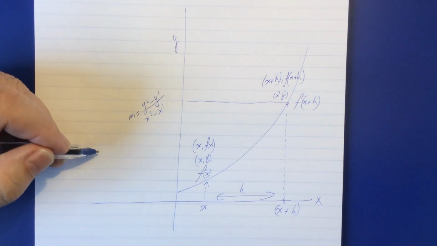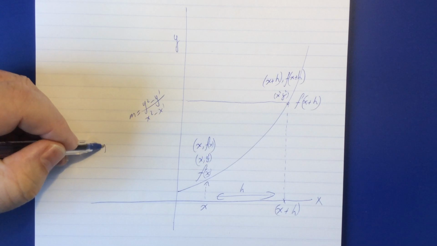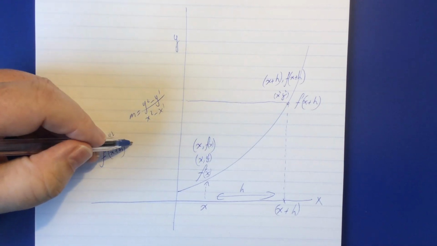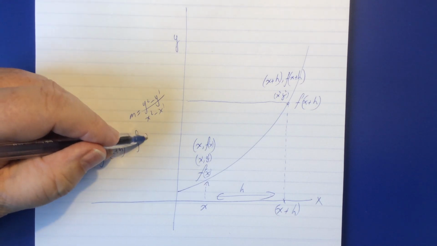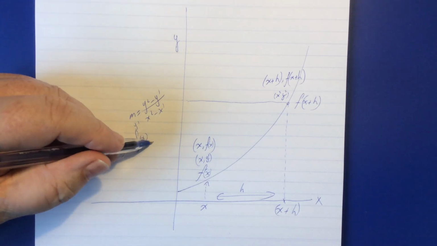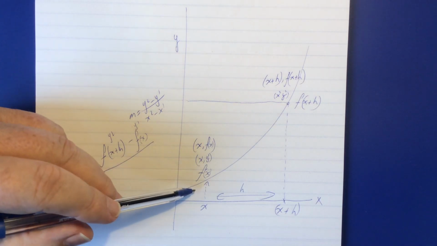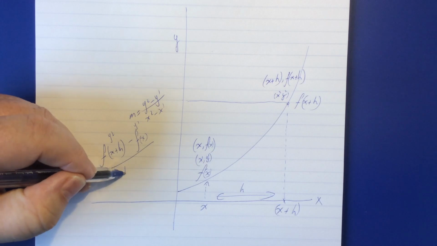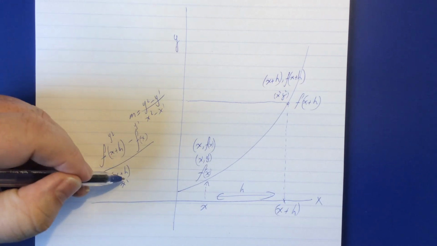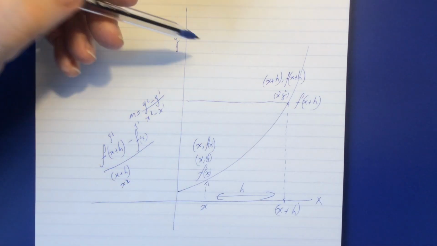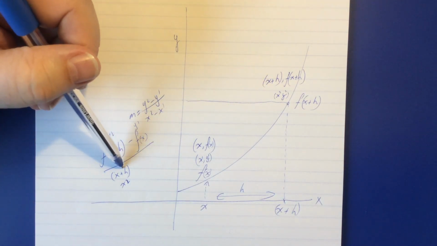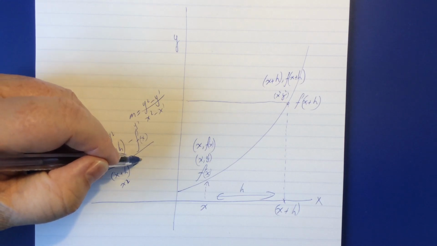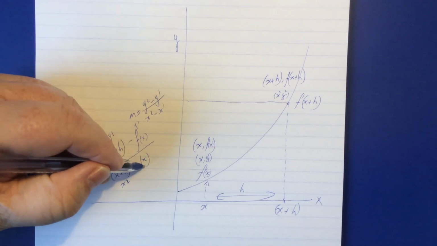So very, very roughly, function of x plus h could be y2. Function of x could be y1. And x2 could be x plus h, and x1 could be x.